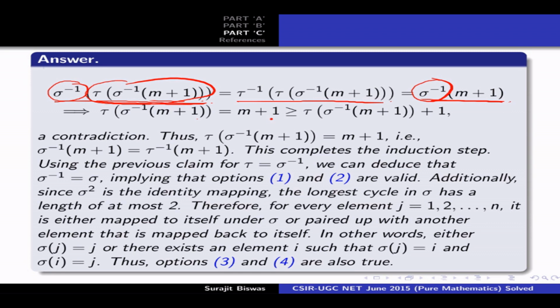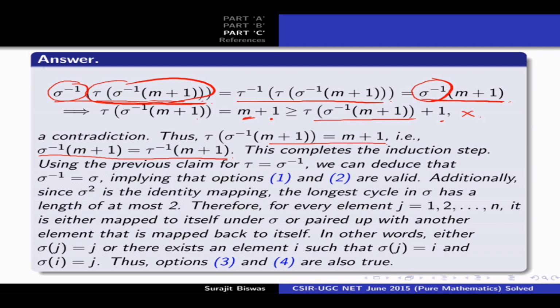And by assumption this is bigger than or equal to tau of sigma inverse of (m+1), because we have assumed m+1 is bigger, and this is a contradiction. Thus we have shown that tau of sigma inverse of (m+1) equals m+1, that is, sigma inverse of (m+1) equals tau inverse of (m+1). This completes the induction step.